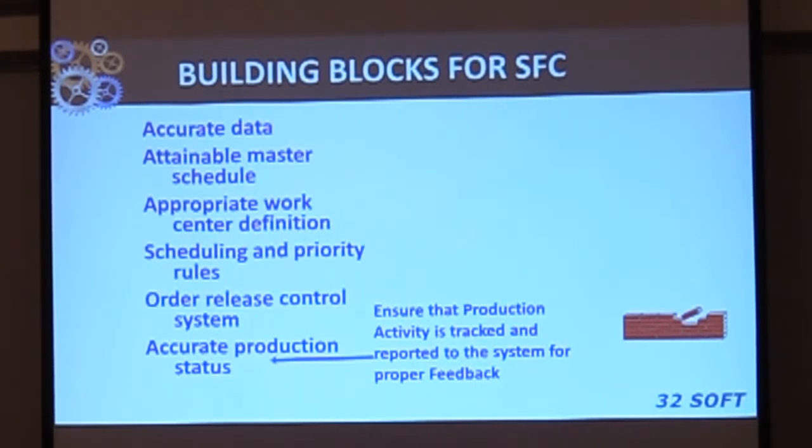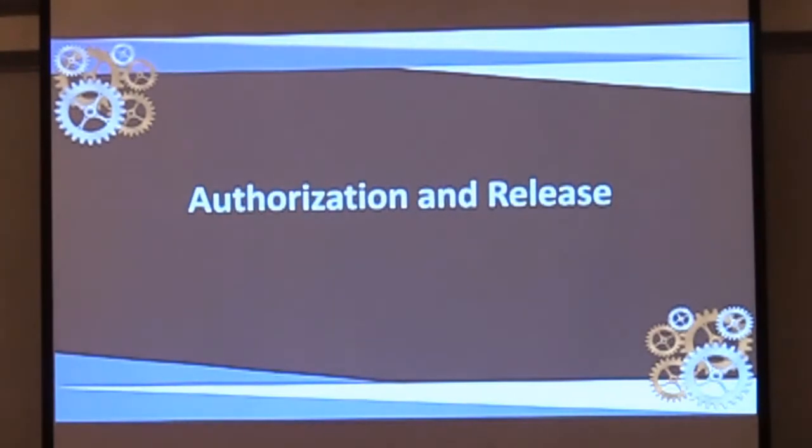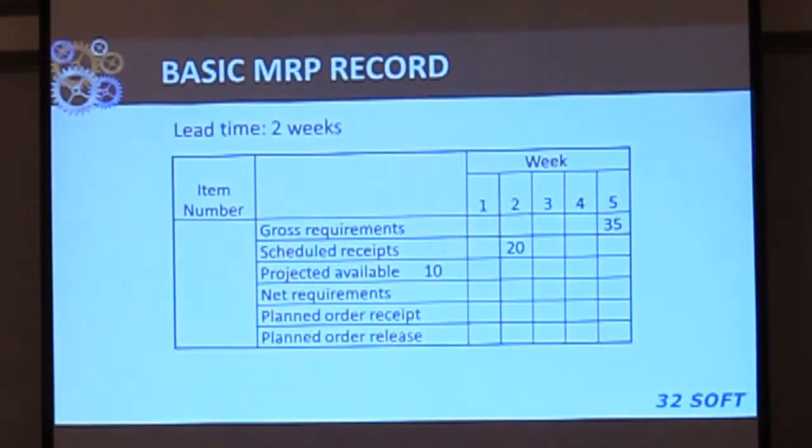We need to accurately represent that, to, again, make sure that we've got information that the whole organization can use to maximize customer service, optimize the resource, and minimize work in process. So those are the building blocks that we need. It all kind of starts off with the authorization and release process. So that, in most of our cases, is MRP.